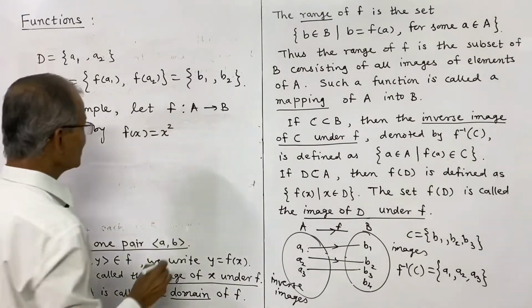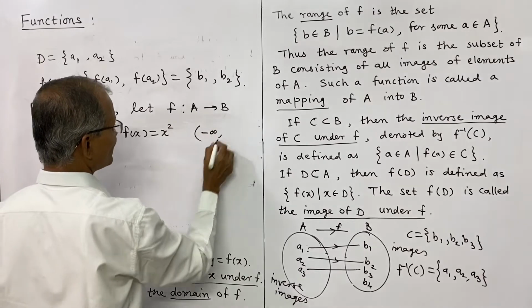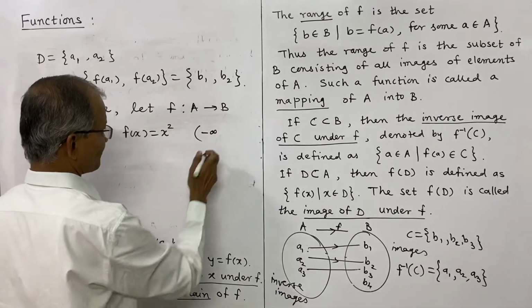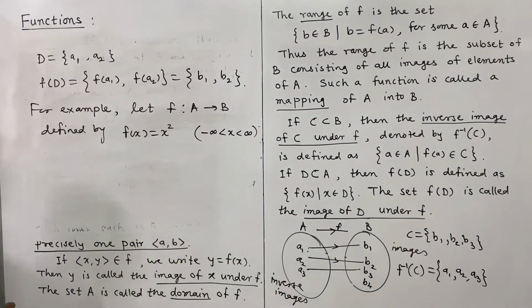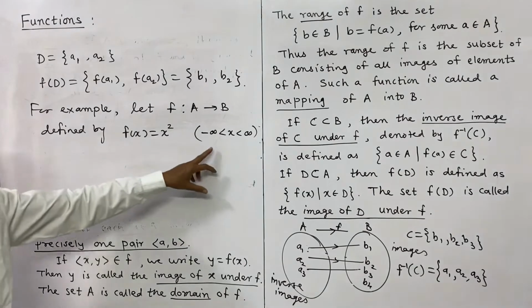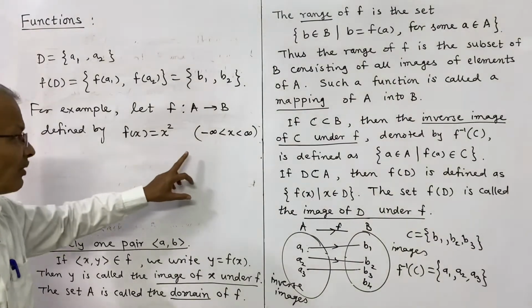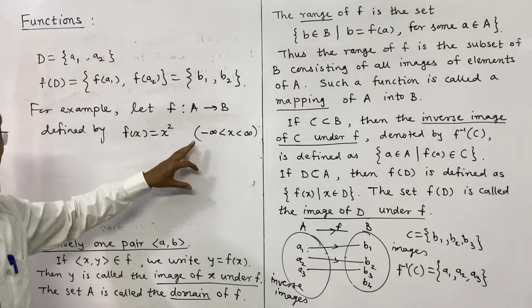The condition here is that x is a real number from minus infinity to infinity, and then what will be x square? We know that the square of a real number is non-negative, and therefore its range will be non-negative, that means 0 to infinity.